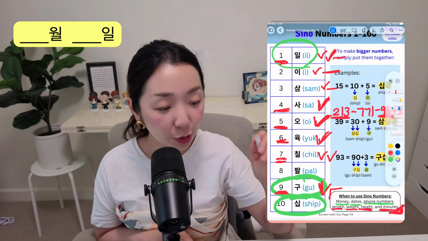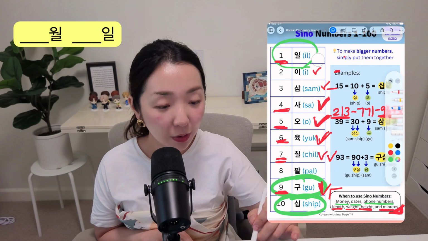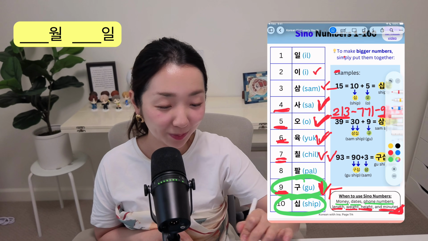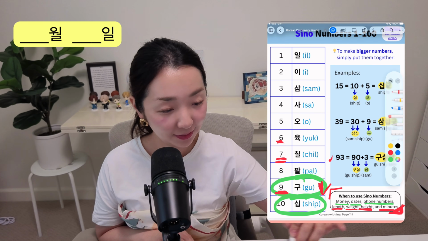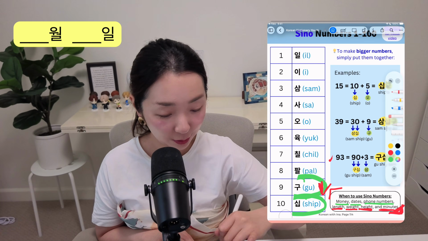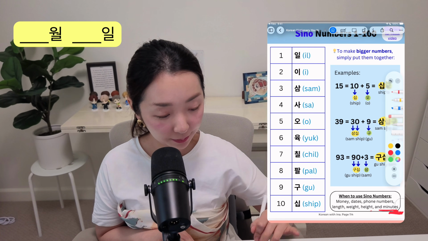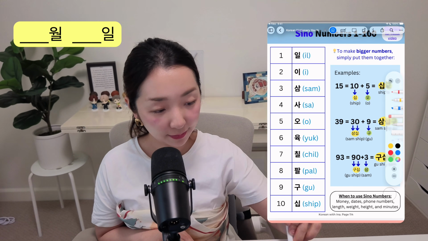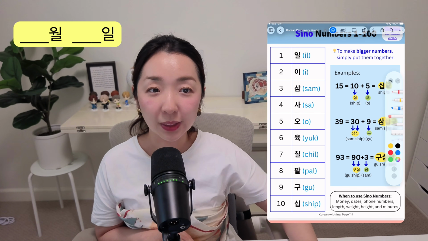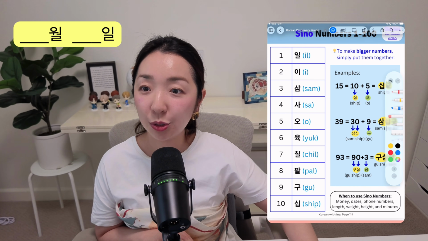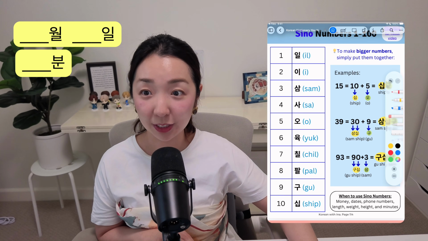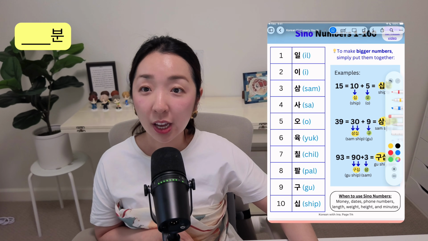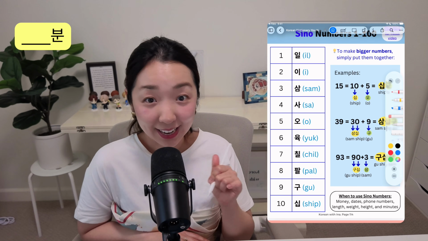But before I show you the measure word for that, what about we clear this page? Too many annotations. So we're ready for the next round. Okay, we're ready. So then right here, I will show you the next measure word, which is 분. I said not hours.